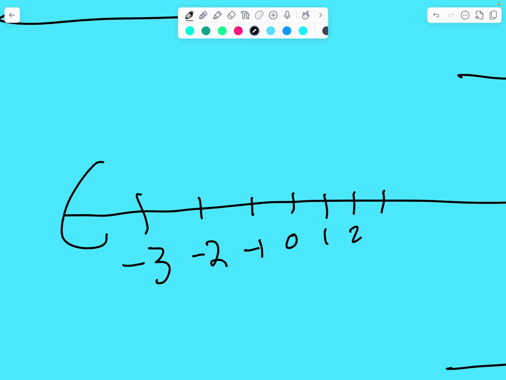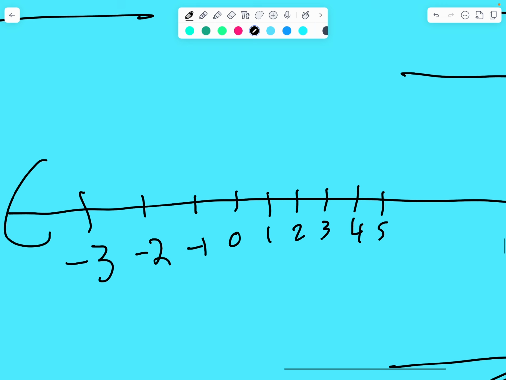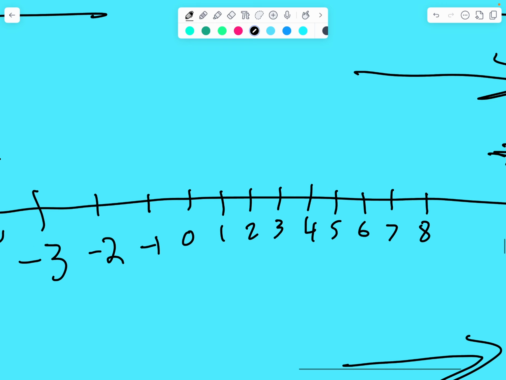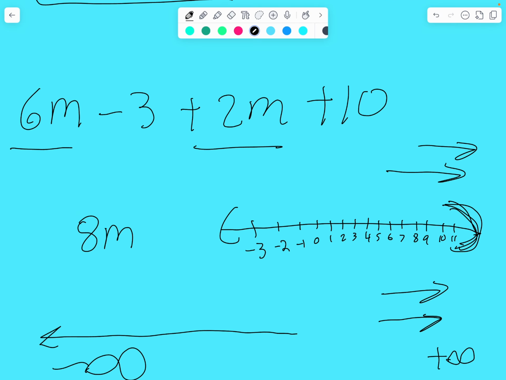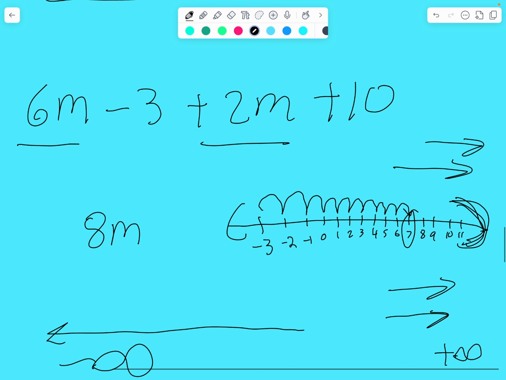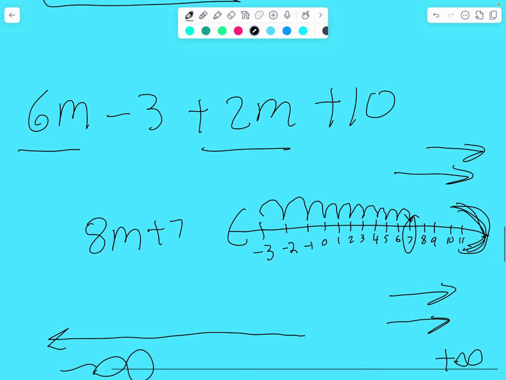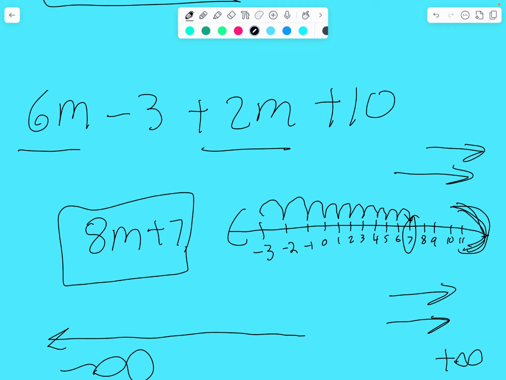So I'm going to add 10. 1, 2, 3, 4, 5, 6, 7, 8, 9, 10. But ka-ching, right? So that is 7. So we have 8m plus 7 as our final answer.